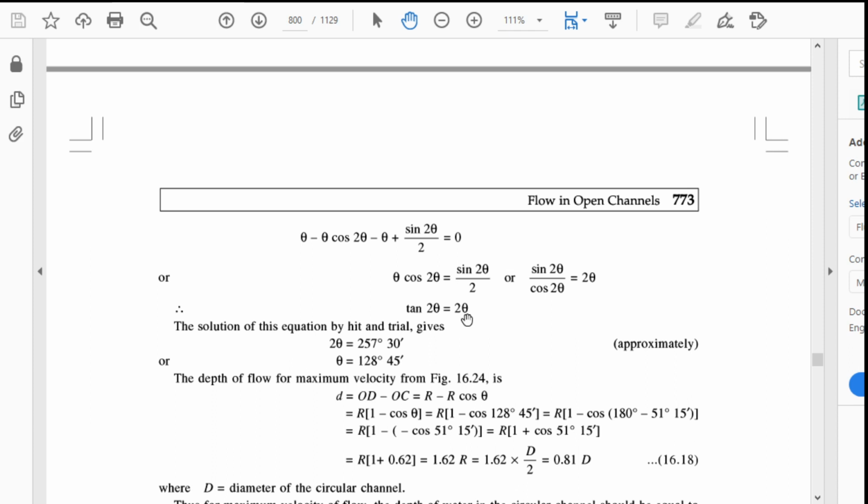Now as this is the value of 2 times theta, dividing by 2 you will get the value of theta equals 128 degrees 45 minutes. Now remember, the theta value for the maximum velocity condition is 128 degrees 45 minutes.